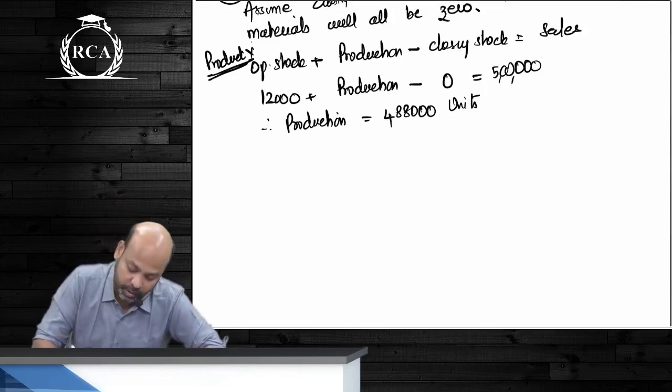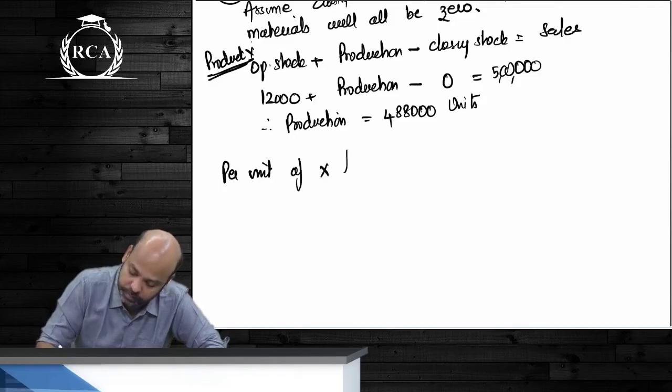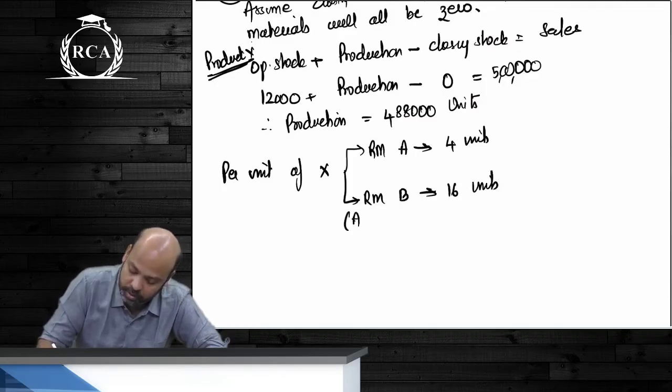4,88,000 units. Now per unit of X, raw material A requirement how much is it? 4 units. So raw material B would be how many units? How do we know? A and B are in the ratio of 1:4.